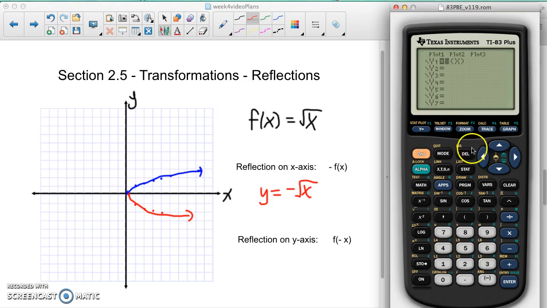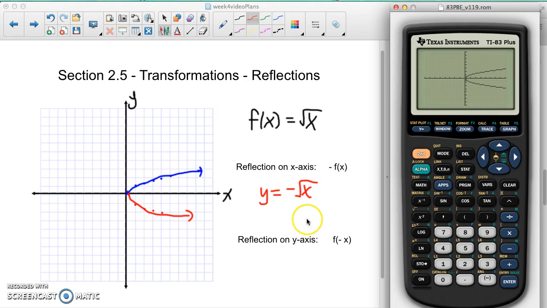Now we're going to use the second y2, and put in the opposite, negative square root of x, and take a look at that function as well. If you graph that, it looks like it reflects along the x-axis. So anything outside the function is going to reflect along the x-axis.